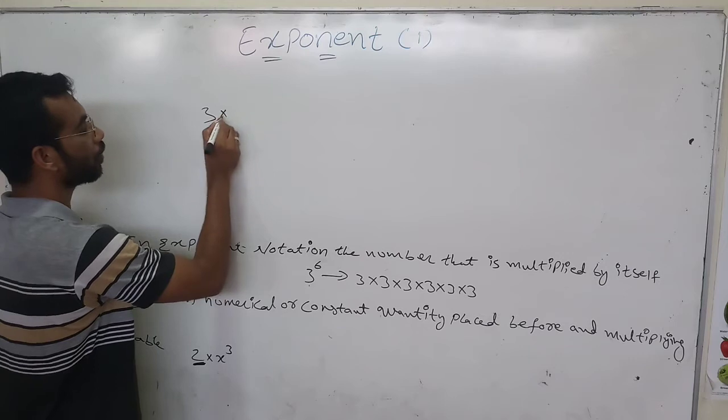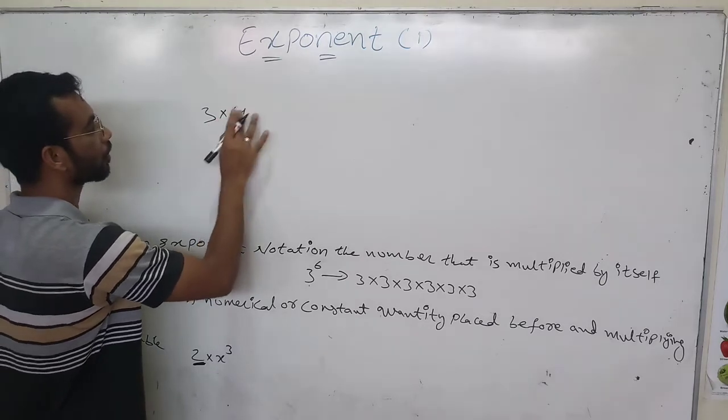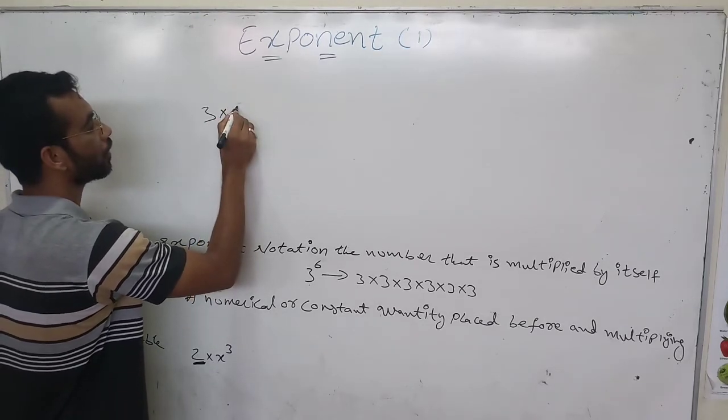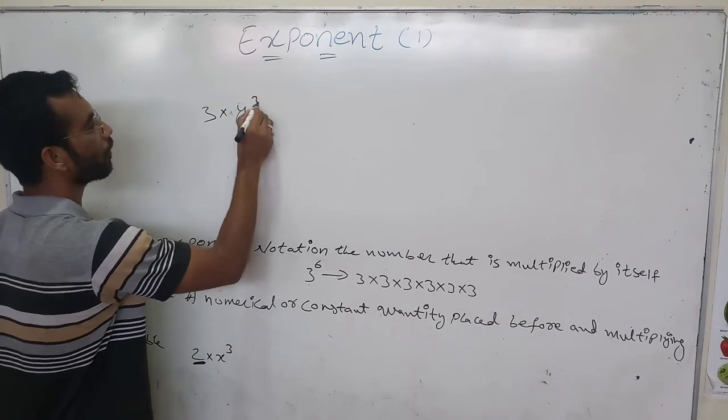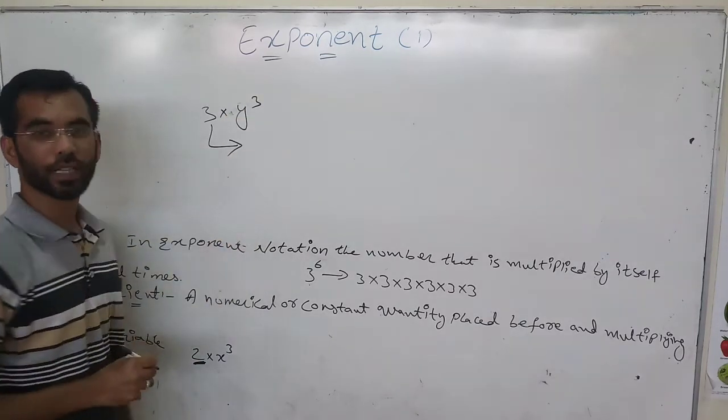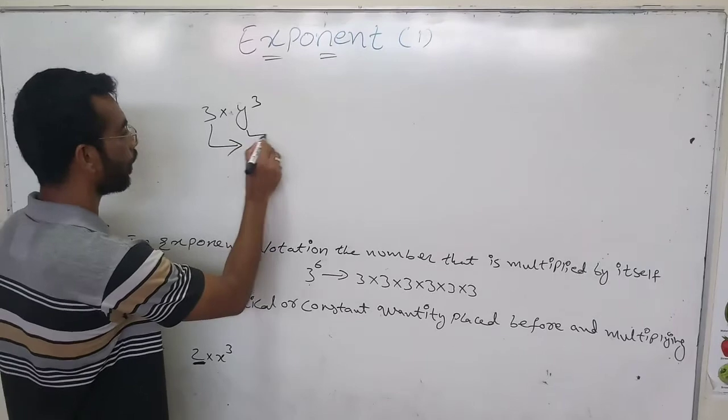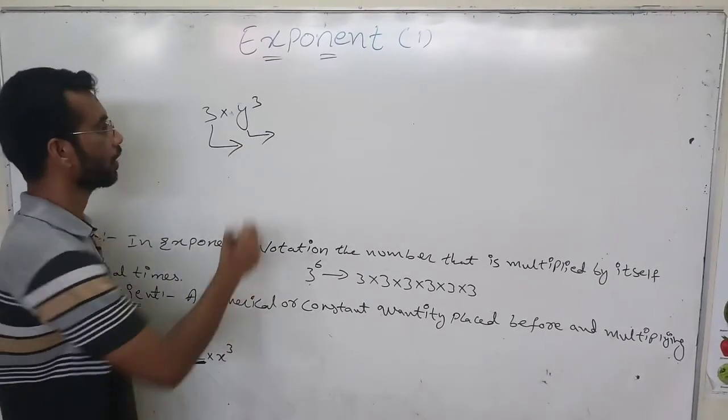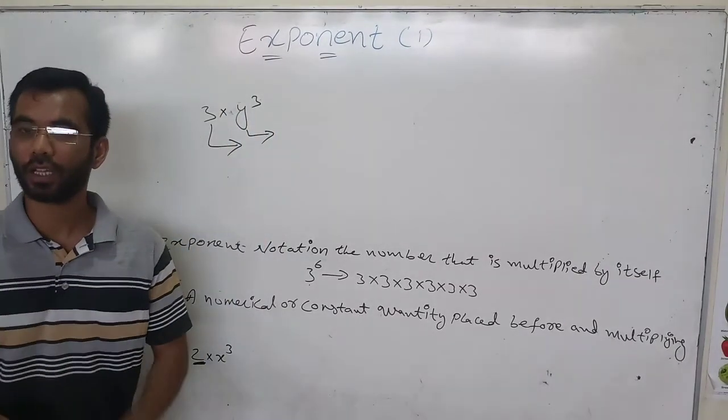Three into 4 y power of 3. 3 is called the coefficient, y is called the base, and 3 is called the exponent, power or index.